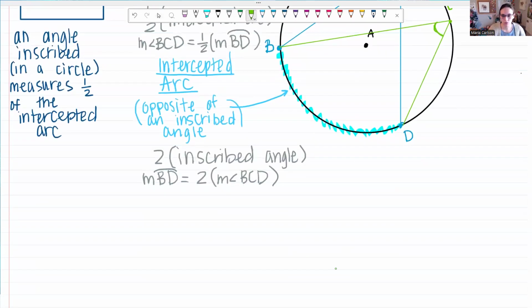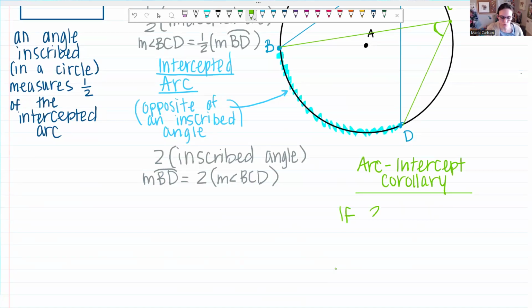So this is what we call the arc-intercept corollary, meaning it follows from this theorem. It's kind of like a sub-theorem.